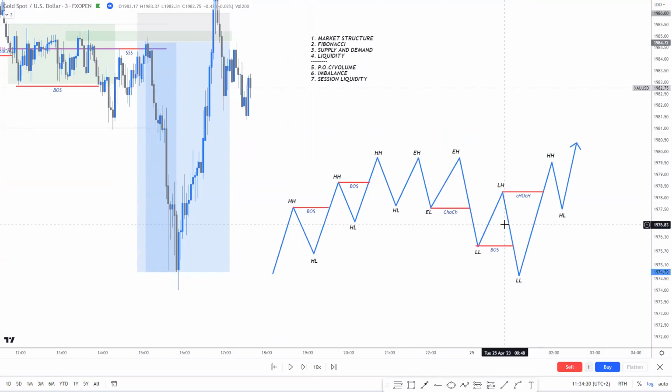Then price, in this case, switches from downtrend to an uptrend, which means it breaks the last lower high, creating a new higher high. It's the first break of structure of this new trend, so it's a change of character. Okay. So is it clear?